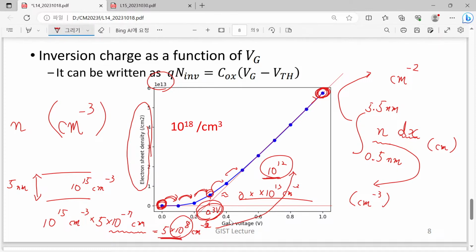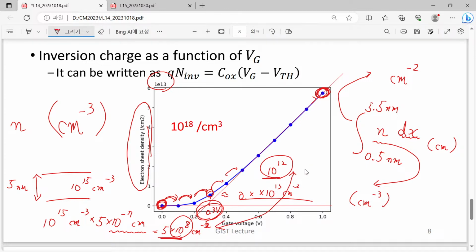How large is it? It is about the order of 10 to the 4 or 10 to the 5. Only by applying 0.3 volt additionally, you can change the number of electrons collected in your double gate system by a factor of 4 or 5 orders of magnitude.